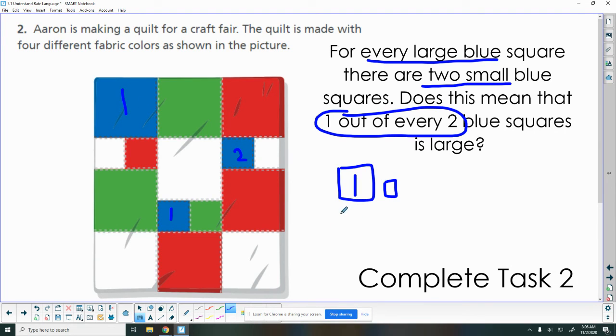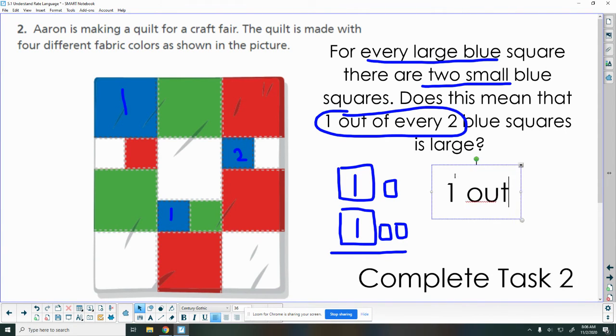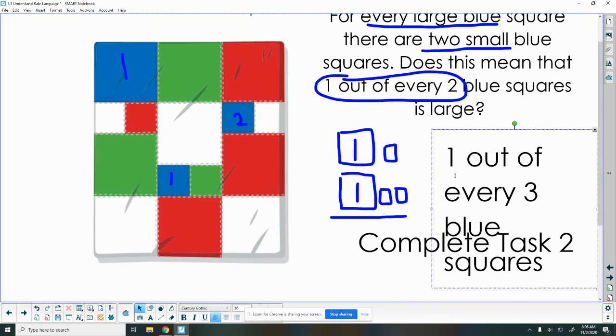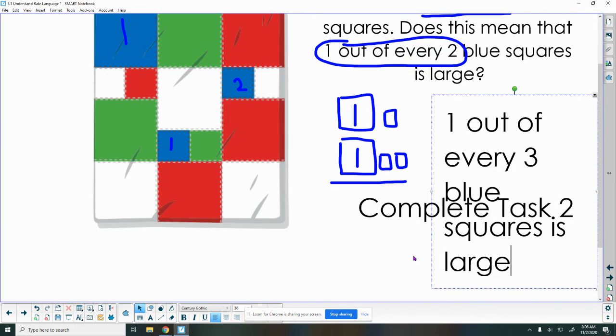But when I look at my picture, I have 1 big one and 2 small ones. So that means 1 out of every 1, 2, 3 is large. So this statement is not true. It would need to say 1 out of every 3 blue squares is large.